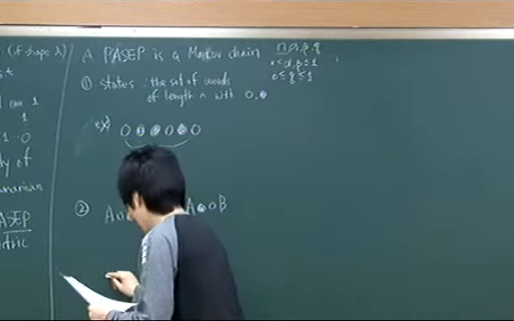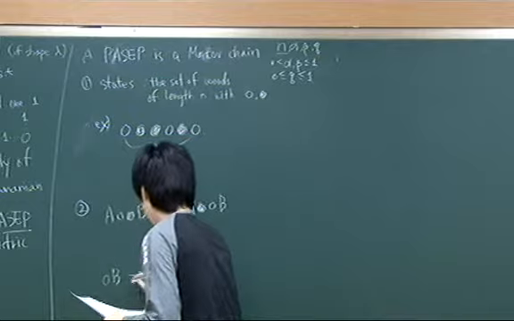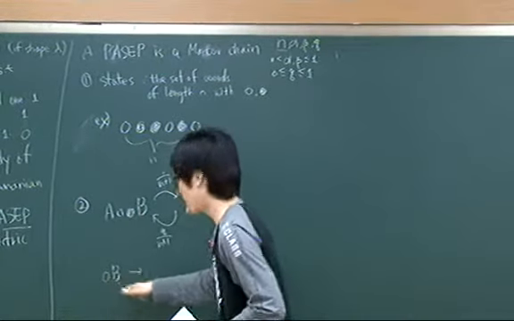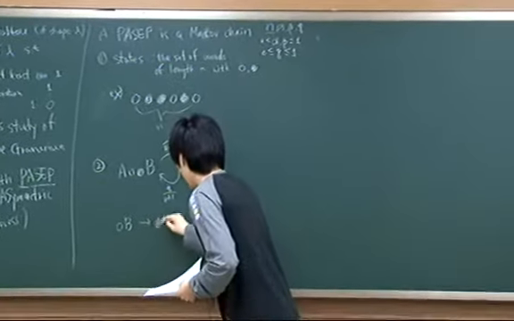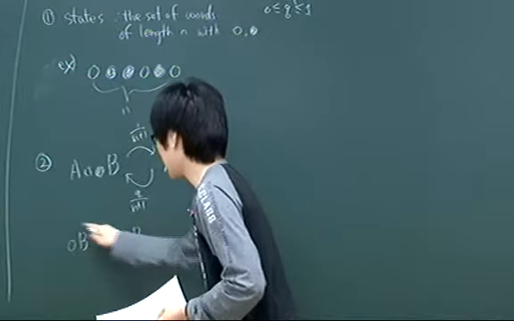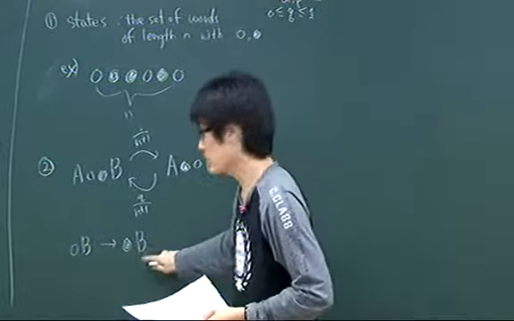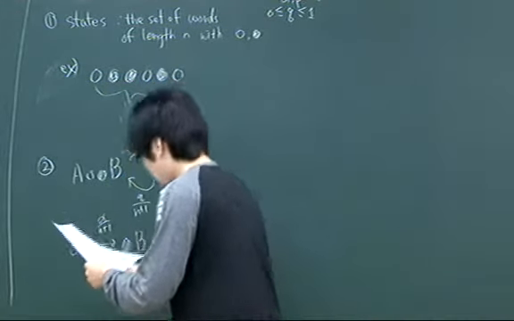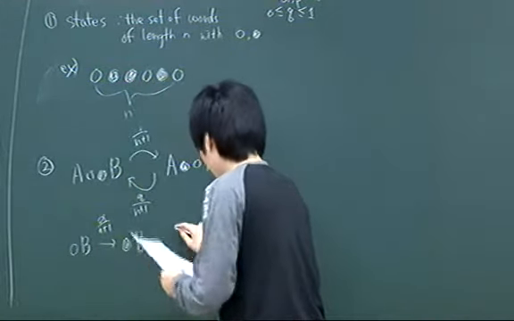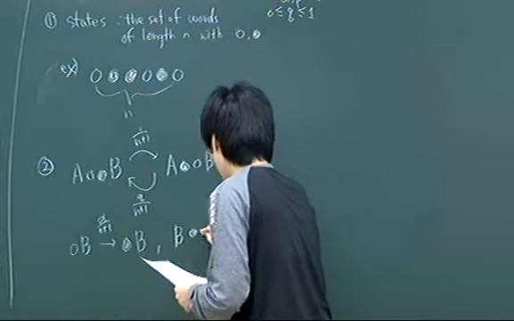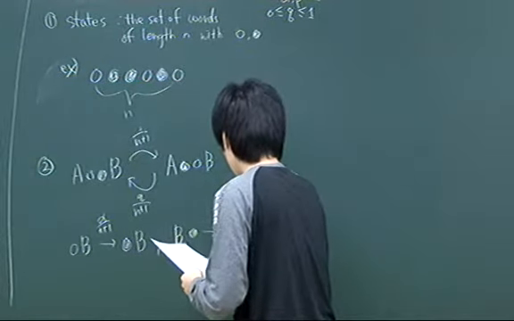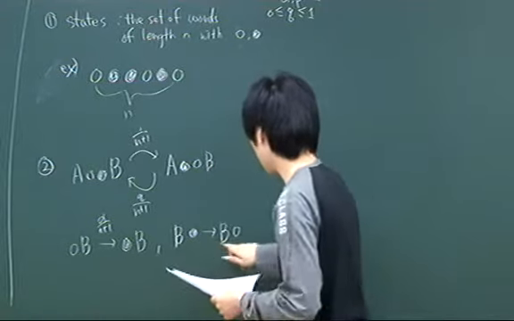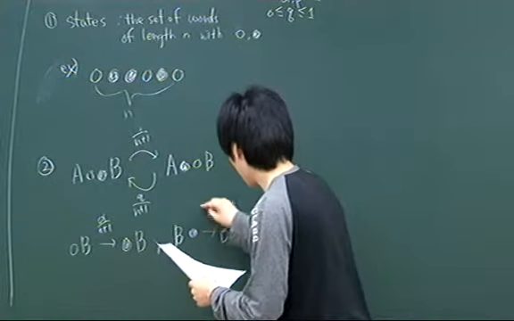A particle may enter in this way, meaning this state is changed to this state with probability alpha over n plus 1. And the particle at the end may exit to the right, so this one can be changed to this with this probability.